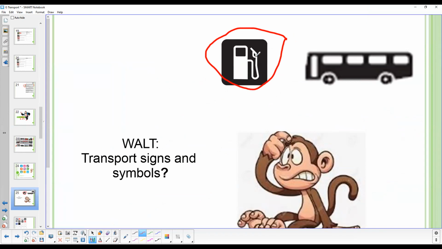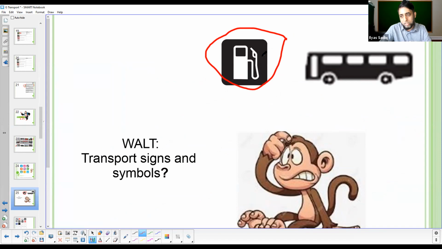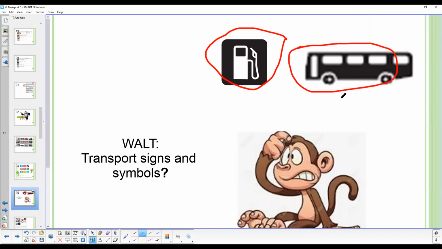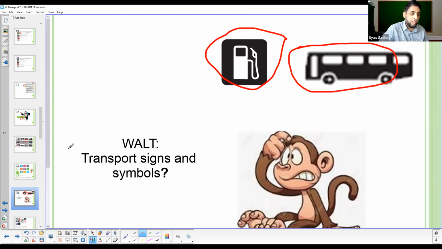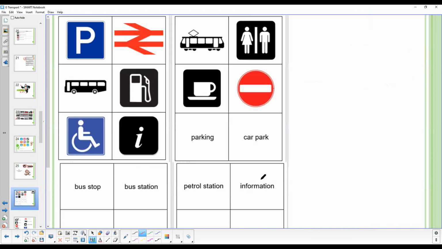Petrol station, yeah. So this is a petrol station. Well done. What sign does this tell you? Bus stop, or bus station, whatever we can call it.